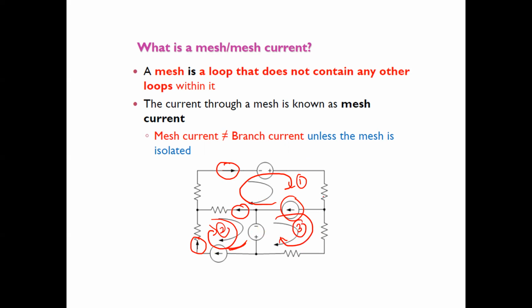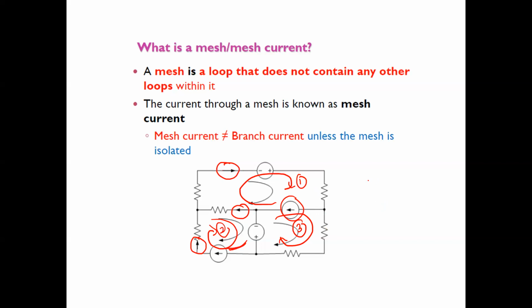The direction of the mesh current is up to the analyst, whether to use clockwise or anti-clockwise, but please be consistent. If you choose clockwise, all the loops must be clockwise.